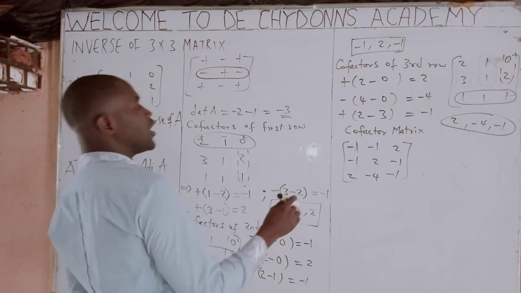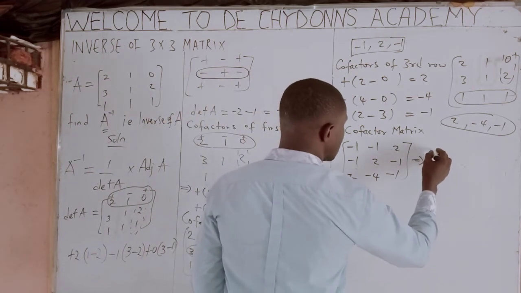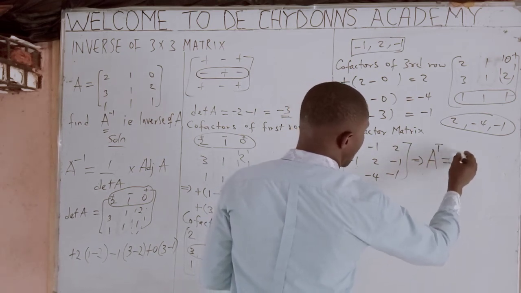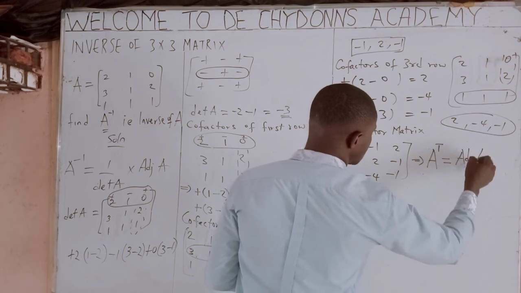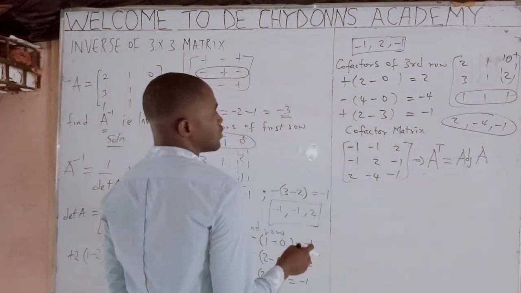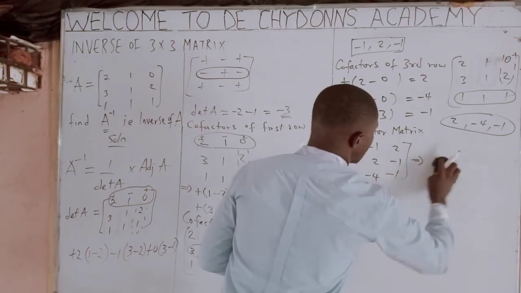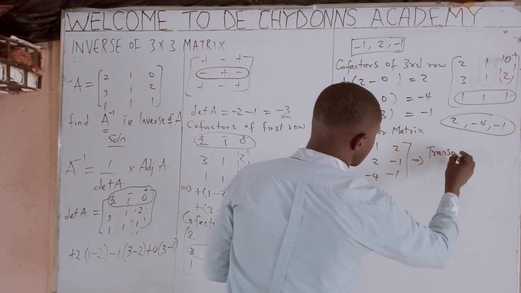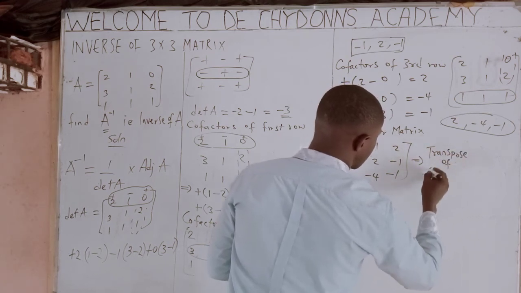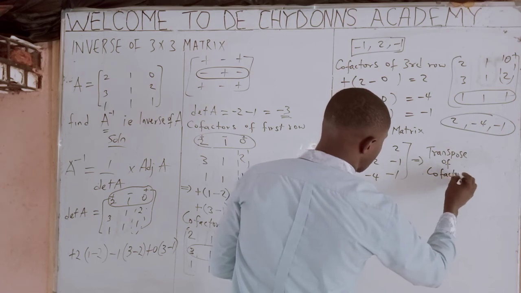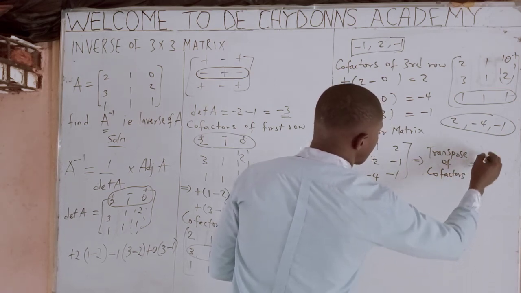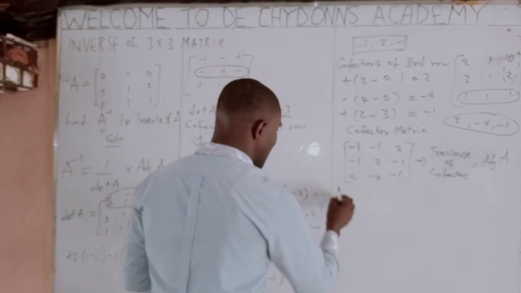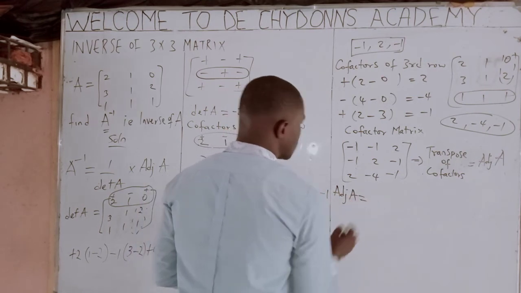Then when you transpose it, you'll be getting their adjoint. Adjoint of A equals the transpose of the cofactor matrix.